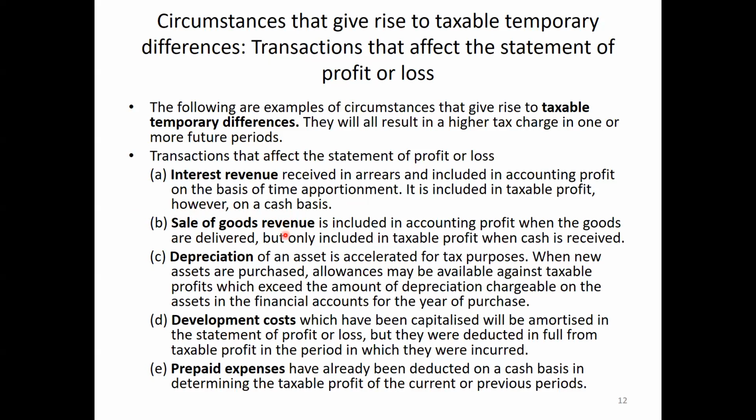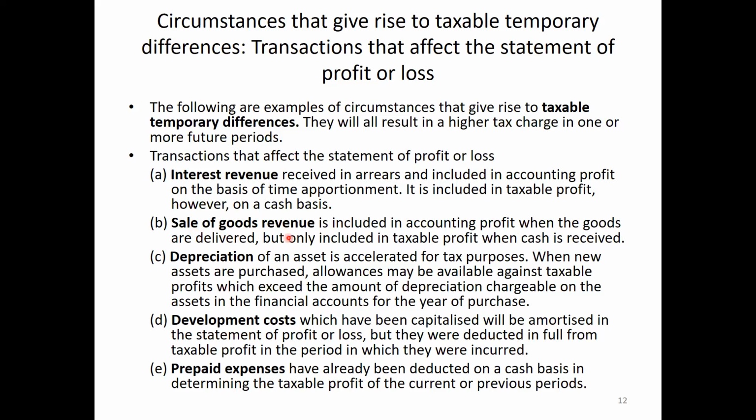And sale of goods revenue: the accounting provision says that once we deliver our inventories, our goods, to our customers, then we realize profit. But on a tax basis, we have to realize the sales when we receive the cash from our customers.